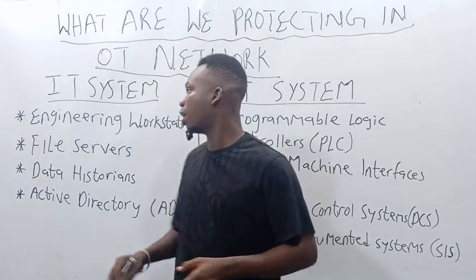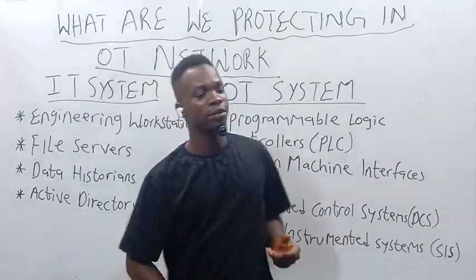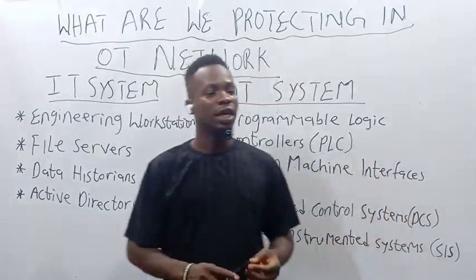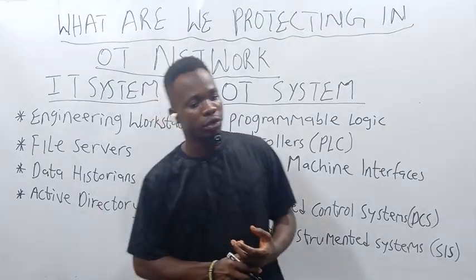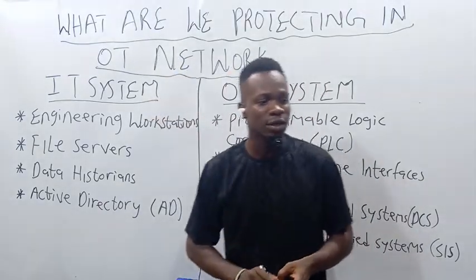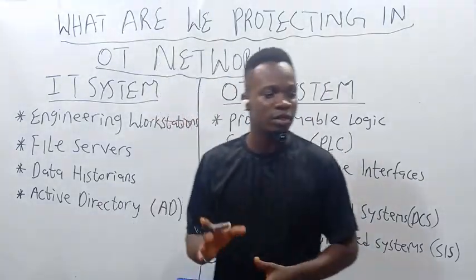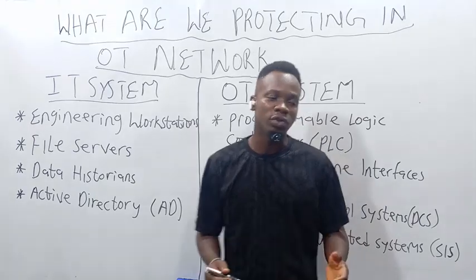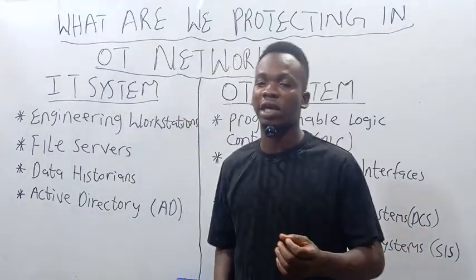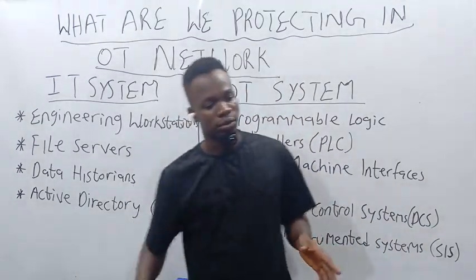Based on this data, engineers make decisions. So in OT, false or missing data can lead to wrong operational choices, and bad data is often more dangerous than no data.